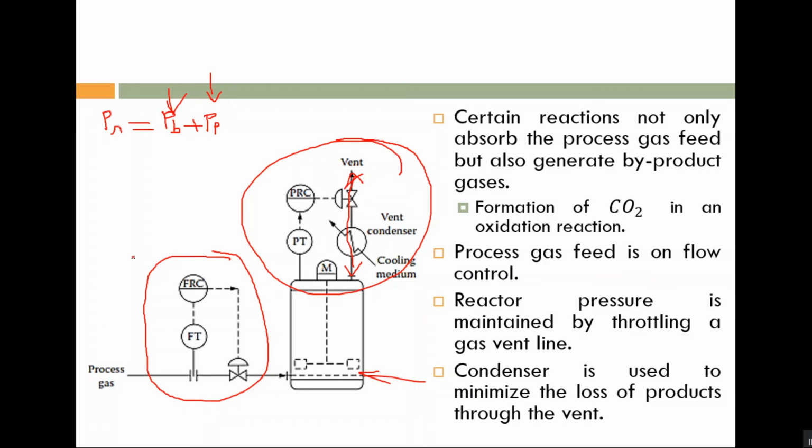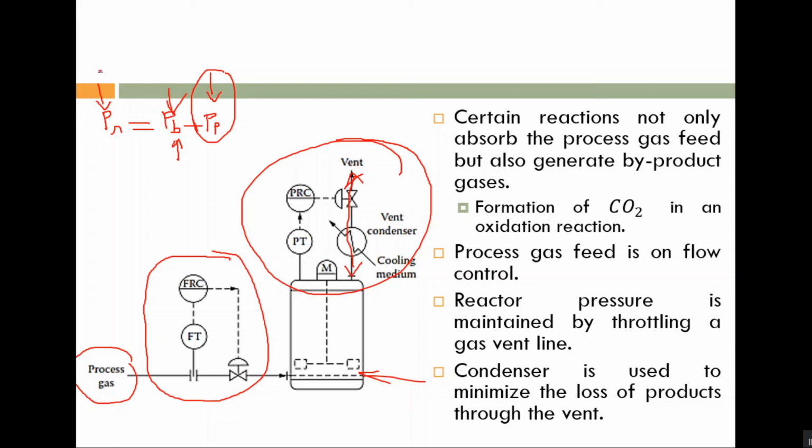So what we need is to maintain this quantity constant, and for that we have to maintain this flow rate constant. But we are unable to measure this pressure, the pressure PB. We are also unable to measure this pressure. We are actually measuring PR, and by using that PR we are manipulating this flow rate.